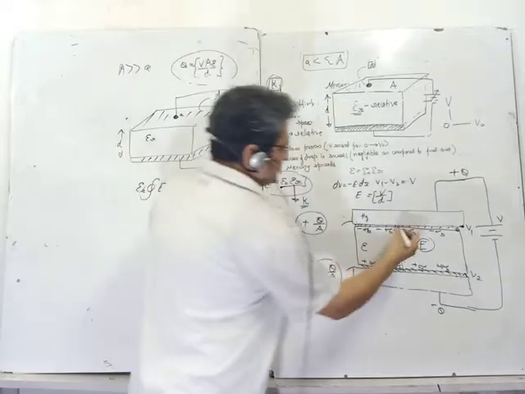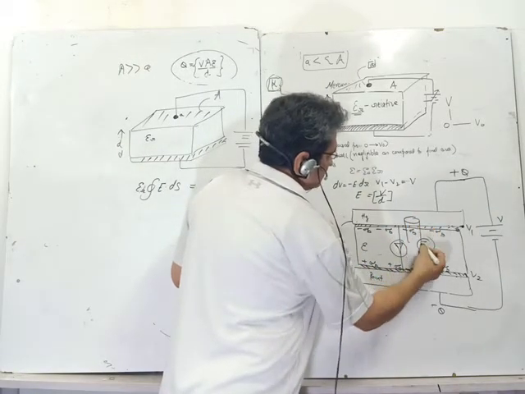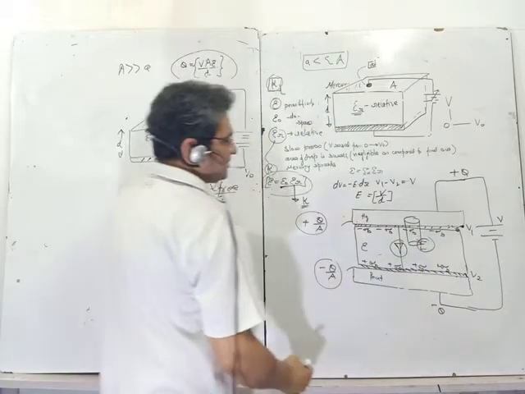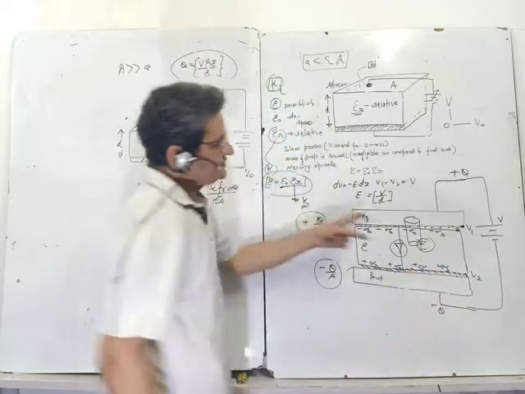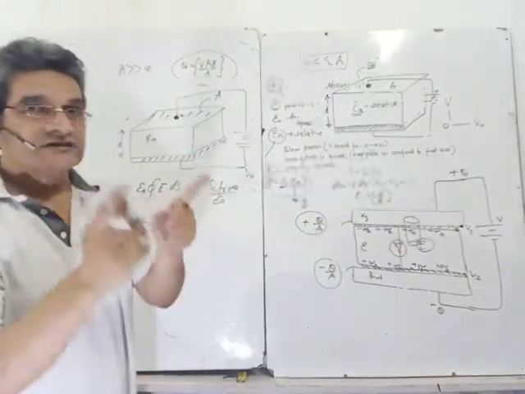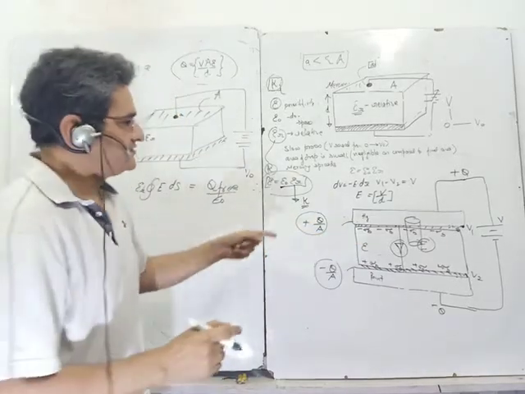Now if I apply Gauss law in dielectric, what is the charge enclosed by this Gaussian surface? Free charge enclosed. One is free charge, one is bound charge. I am talking about the free charge.